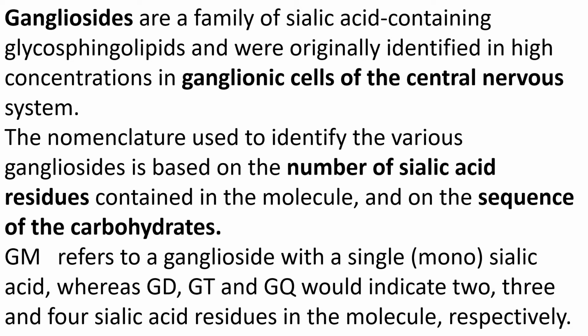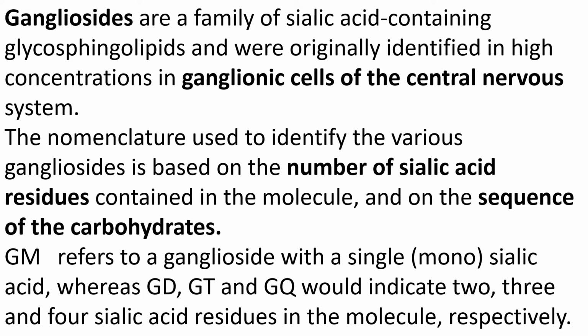So now you are very well aware that in gangliosides the number of monosaccharide residues is more than 2, and they are in the form of an oligosaccharide chain, which may contain monosaccharides or monosaccharide derivatives, especially sialic acid, which is called NANA or N-acetyl-neuraminic acid. The nomenclature used to identify gangliosides is based on two things: number one, the number of sialic acid residues present in the structure, and the sequence of the carbohydrate.